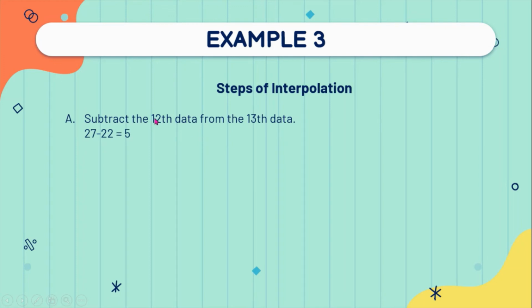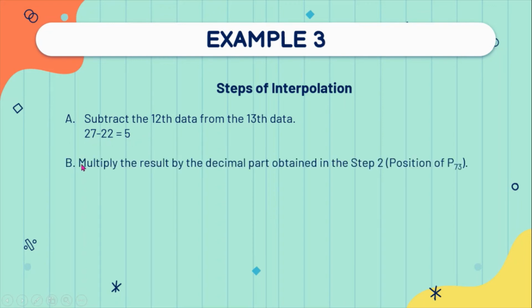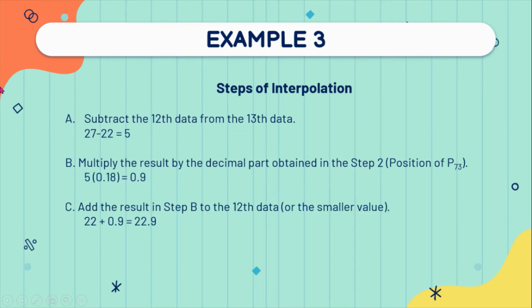The 12th data is 22, the 13th data is 27. So that is 27 minus 22 is equal to 5. We are going to multiply this 5 by the decimal part obtained in step 2, which is 12.18. So that is 5 times 0.18 is equal to 0.9.